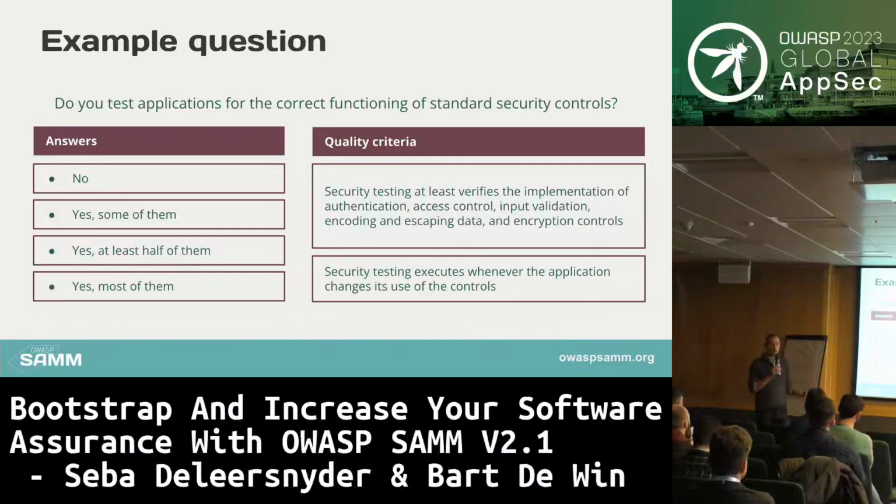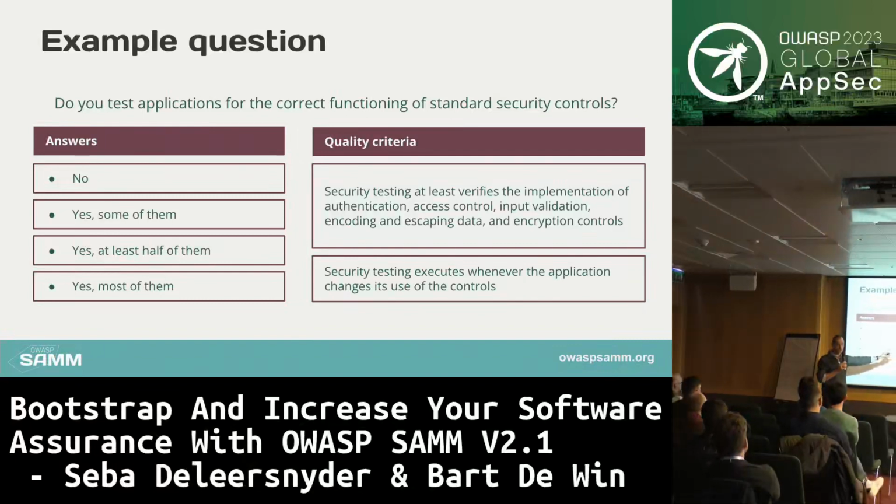But first of all, the quality criteria are that you should definitely be verifying at least these kinds of controls, and it should be whenever you change something about those controls in your application. Those two aspects are really important. If you don't cover those quality criteria, it will always be no. So if you don't cover the quality criteria, you can't answer the question yes. That's true for the whole model, and that is really something new in 2.0 and really critically important.